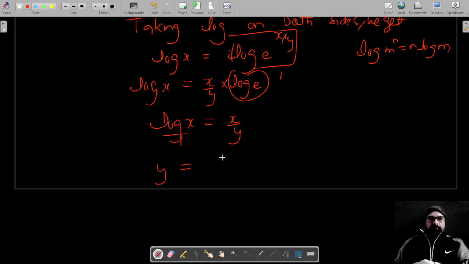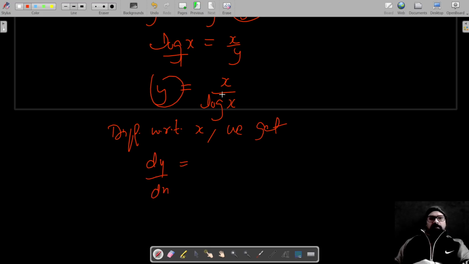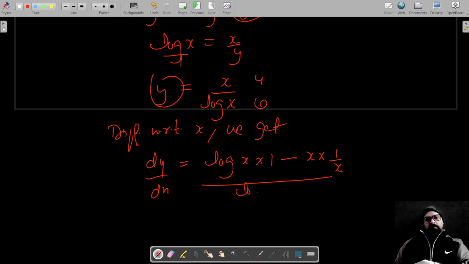Let's cross multiply this, which becomes y is equal to x upon log x, which is now easier to differentiate. So differentiating with respect to x now. Differentiation of y is dy by dx, and this is the quotient rule. So this is u by v. So v into differentiation of u, which is 1, minus u into differentiation of v, which is 1 by x, upon v the whole square, using the quotient rule.